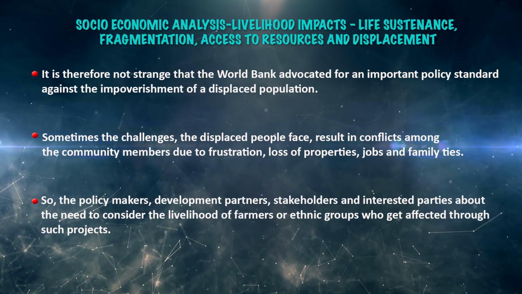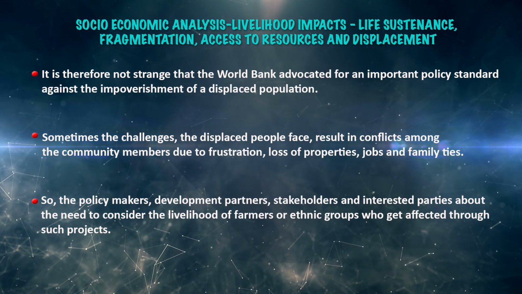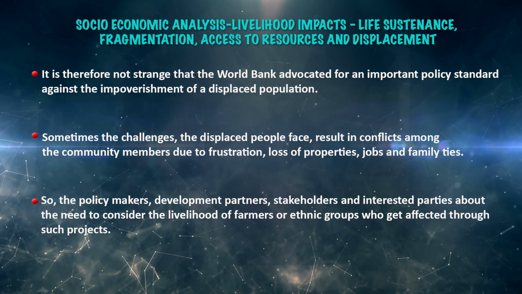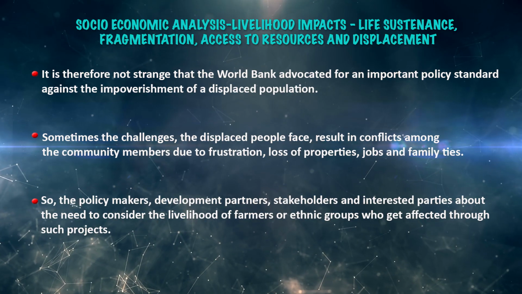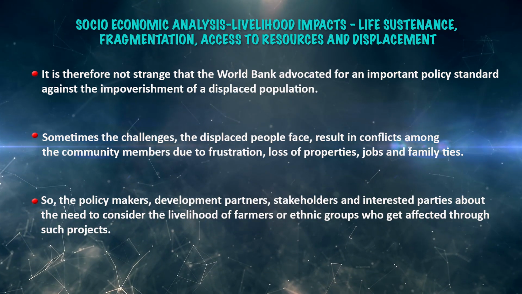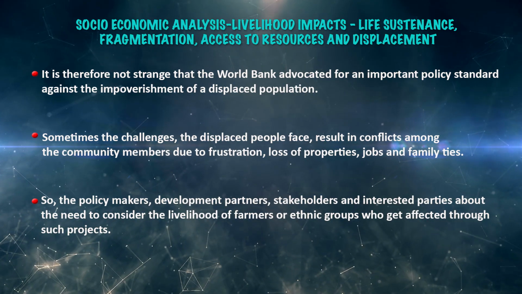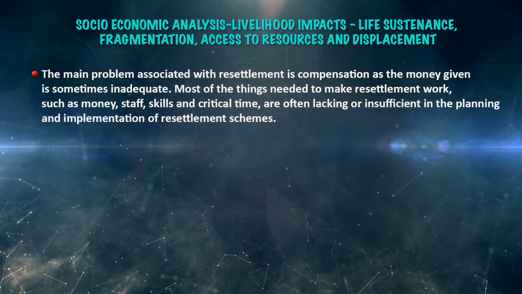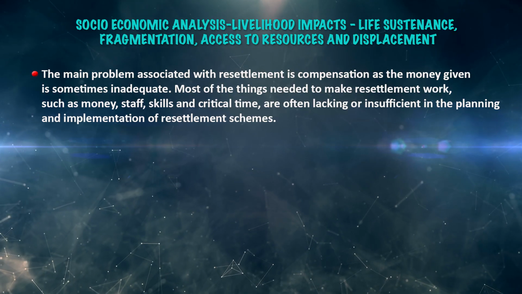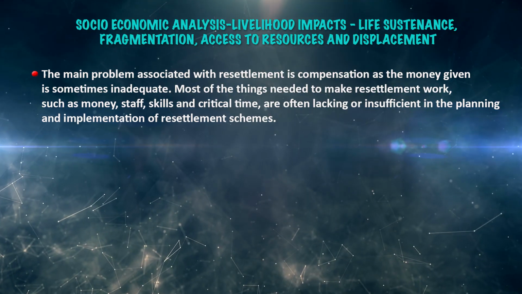So policy makers, development partners, stakeholders and other interested parties need to consider the livelihood of farmers or ethnic groups who get affected through such projects. The main problem associated with resettlement is compensation, as the money given is sometimes inadequate.